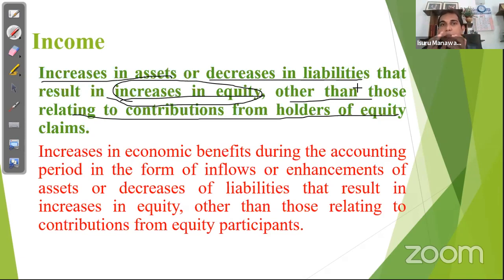Let me explain a decrease of liabilities. Suppose we have a creditor amounting to rupees 50,000. We have purchased raw materials from, let's say, Sumudu, one of the creditors of Arali entity.